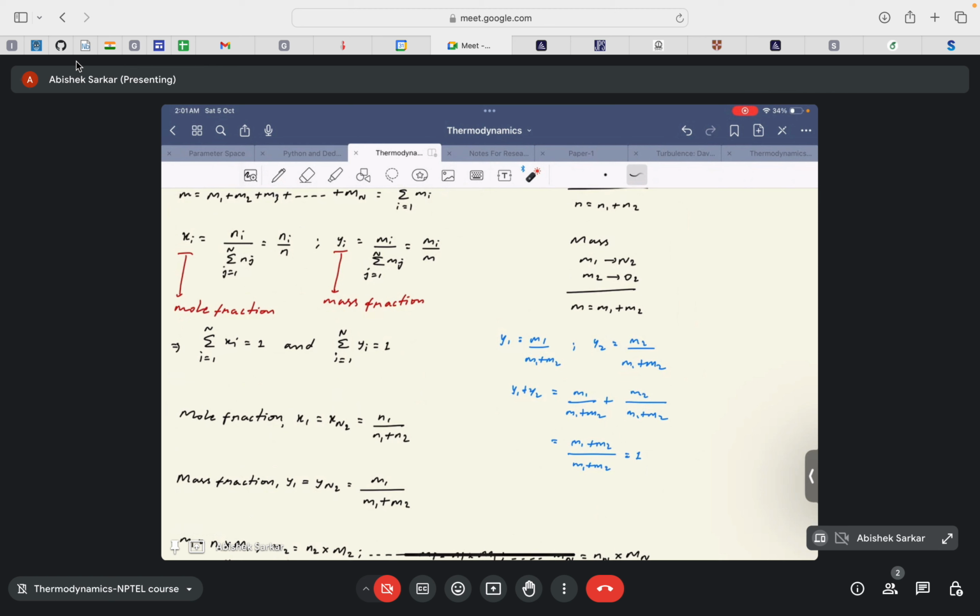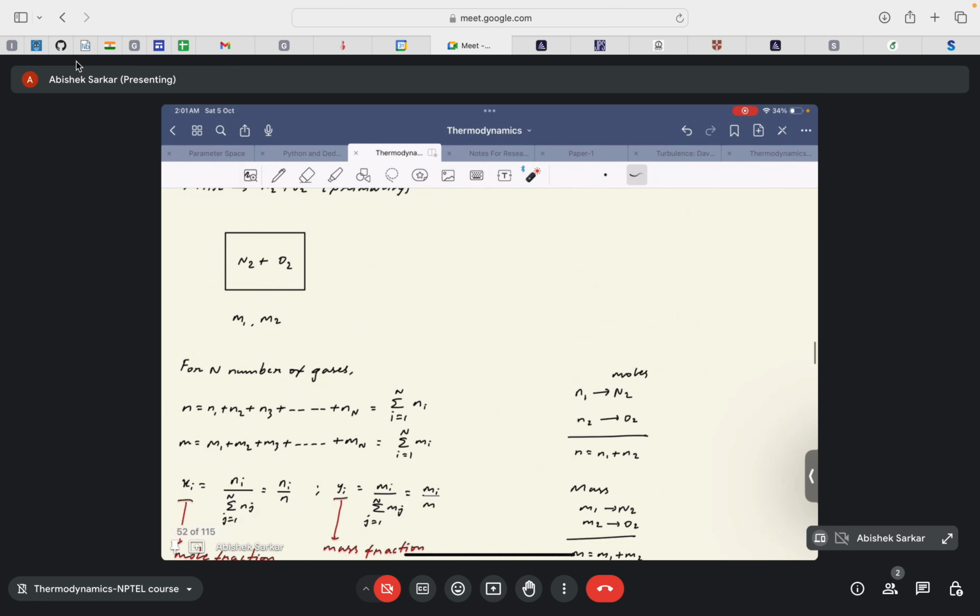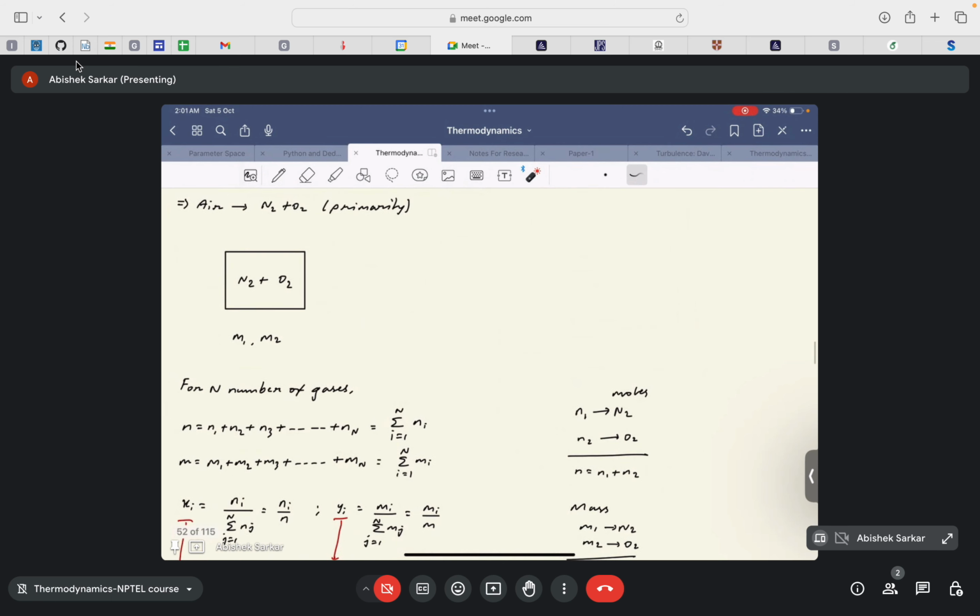Professor Anand again took the liberty to simplify it even further, showing us the mass fraction of the composition of the mixture of gases that we're considering.